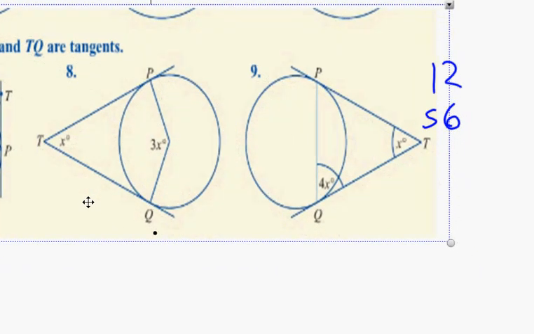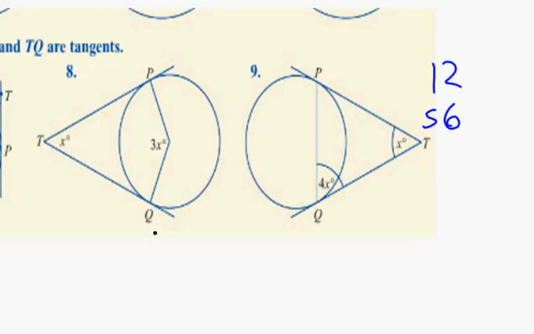Now, in question 8, what can I say about this one here? That one there is 90. Now, here's the interesting one. What do all four-sided objects, what do their angles have to add up to? 360.